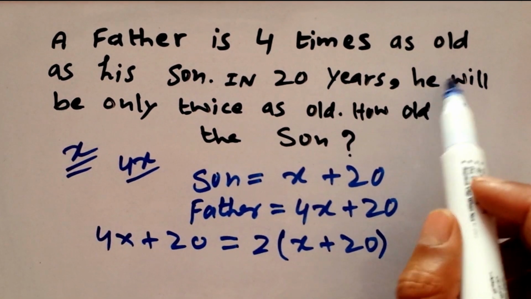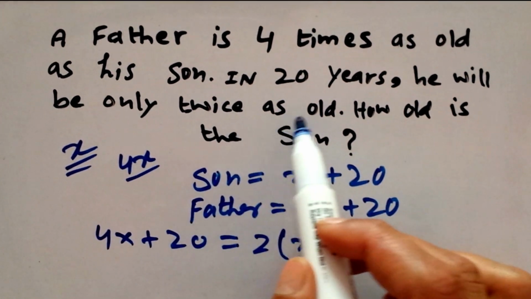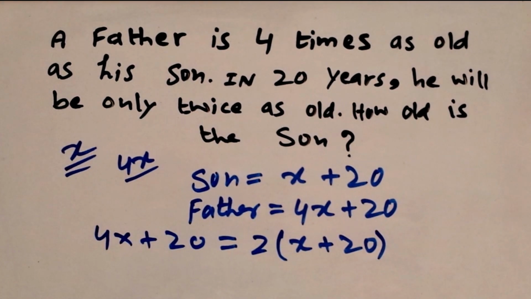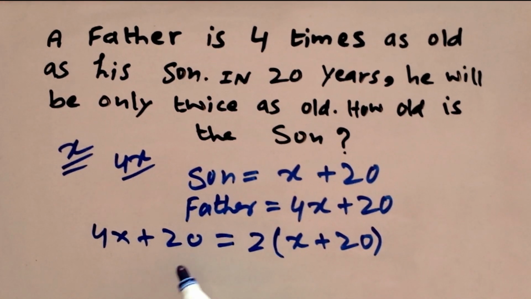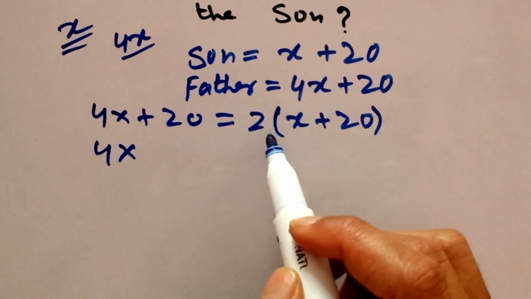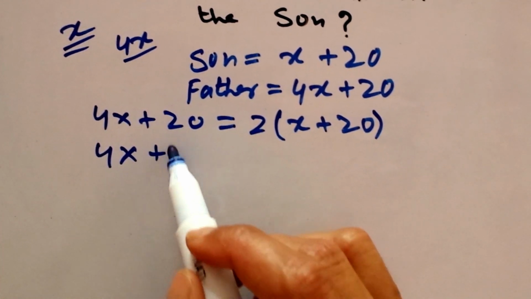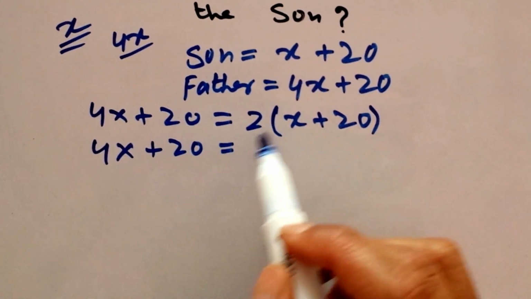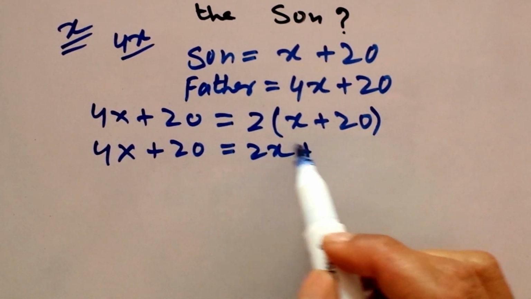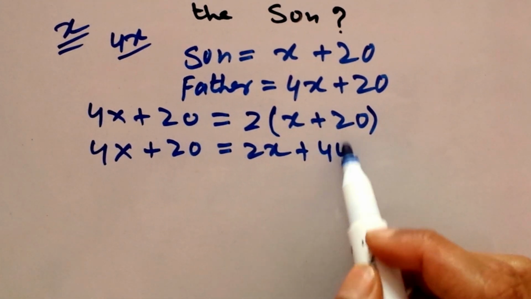He will be only twice as old, so 2 times (x plus 20). So now 4x plus 20 equals 2 times x, which is 2x, plus 2 times 20, which equals 40.